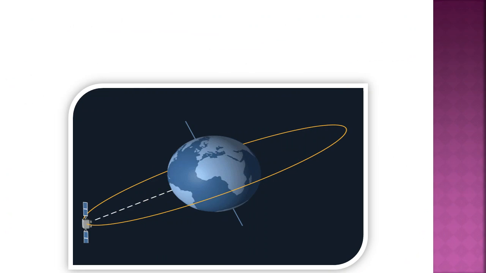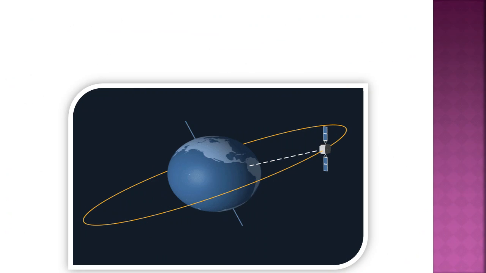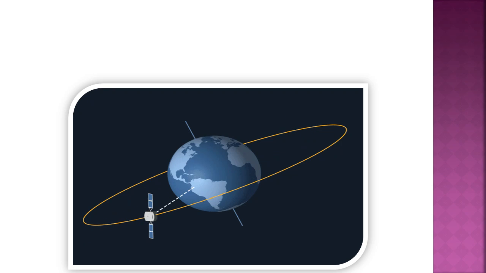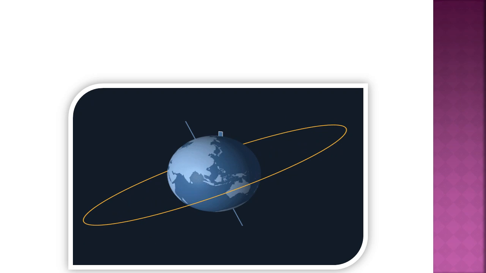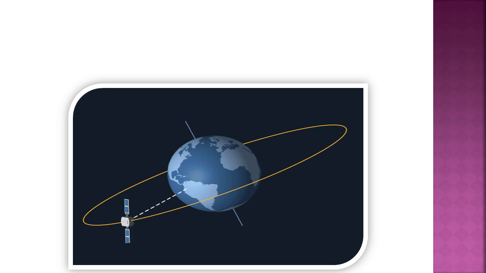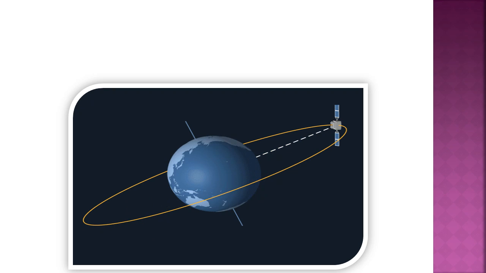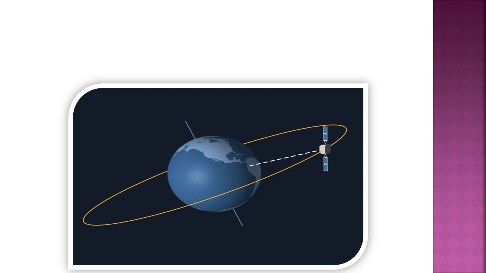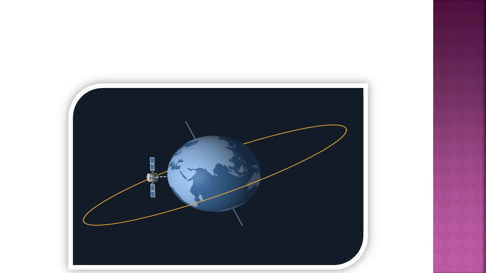Second picture. Suppose, here in the picture you can observe an artificial satellite moving around the earth in a circular orbit. This artificial satellite is revolving around the earth due to which force? This is due to the gravitational force.